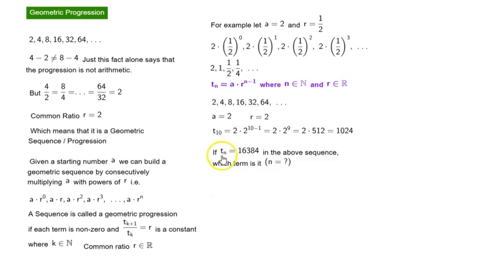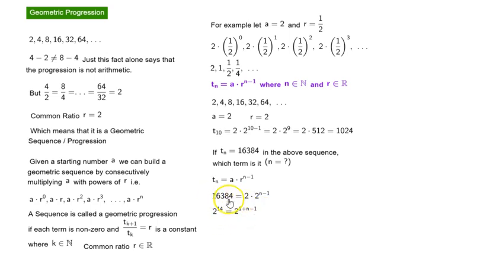Now, if the nth term is equal to 16384 in the above sequence, which term is it? That is, what is n? So again, using this formula, nth term 16384 is equal to A which is 2 times R which is 2 to the power of n minus 1. So here we have 2 to the power of 1 plus n minus 1.